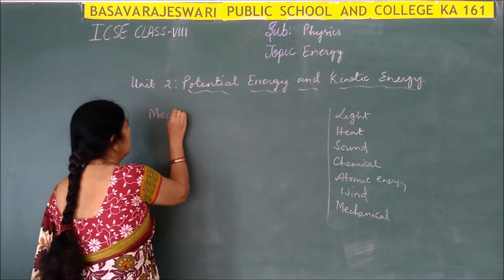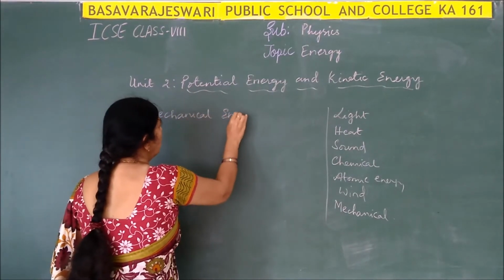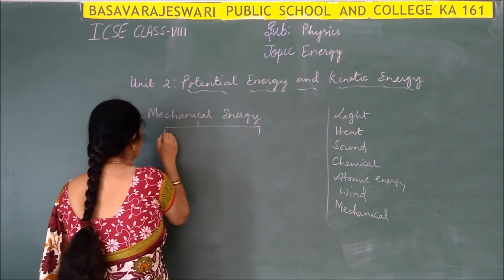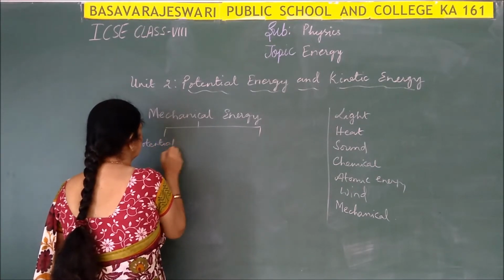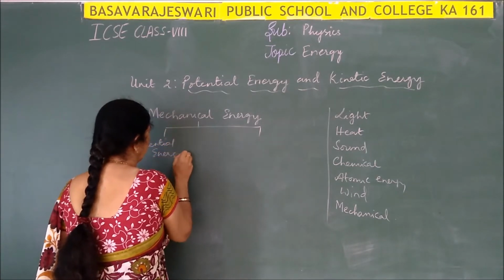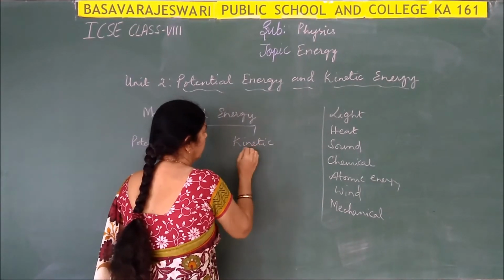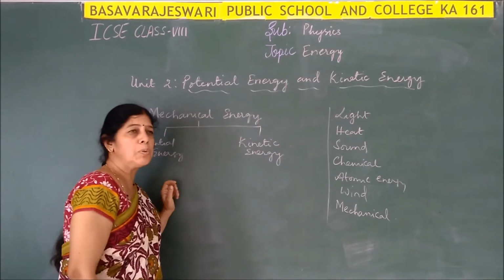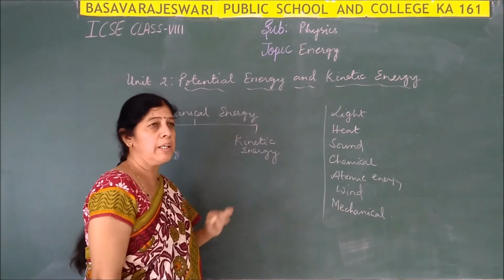Now mechanical energy is of 2 types. Which are those 2 types? Potential energy and then kinetic energy. So we have 2 types of mechanical energy, that is potential energy and kinetic energy.